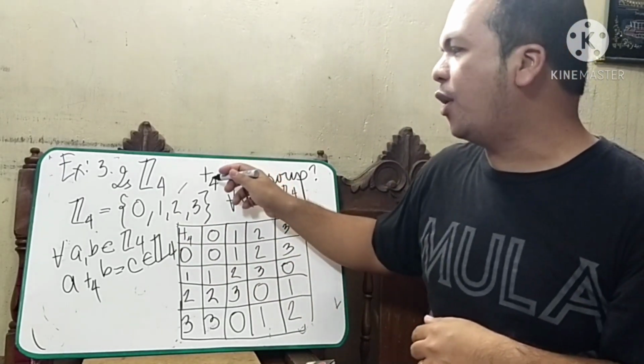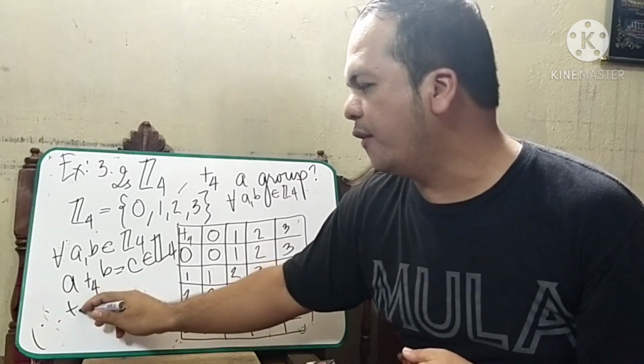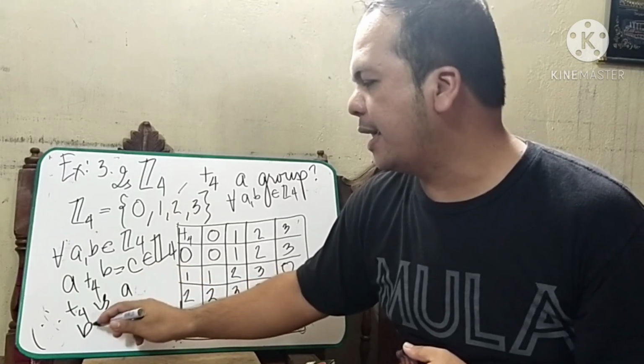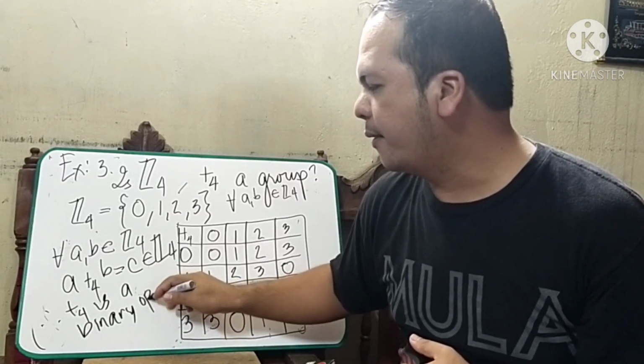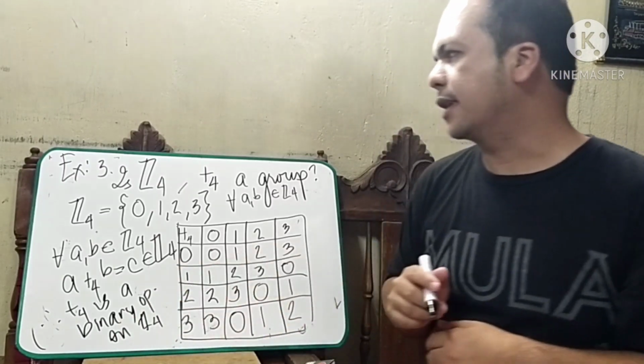Making this addition, therefore, this addition modulo 4 is a binary operation on Z sub 4.